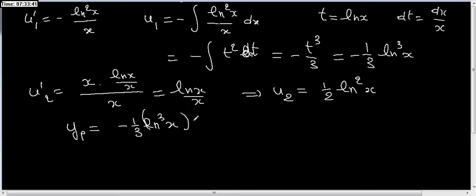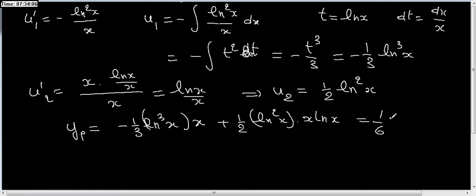with y1, x, and then u2 is 1 over 2 ln square x times y2, which is x ln x. So it should be 1 over 2 minus 1 over 3, so 1 over 6 x ln cube x.